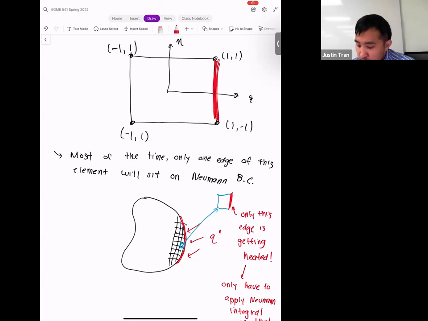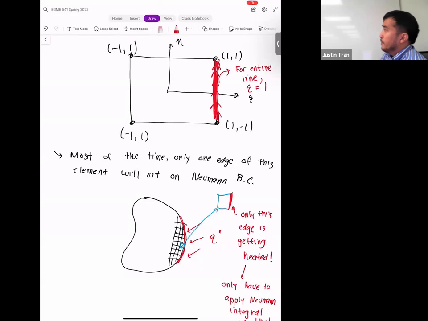For this entire line, epsilon is a fixed value. When you go from the bottom of the line, and let's say that we integrate this way, from bottom to top, for this entire line, epsilon is going to equal 1, because it's a vertical line.